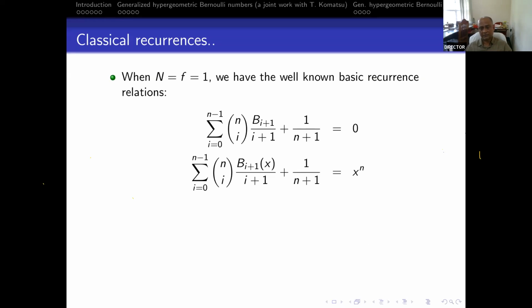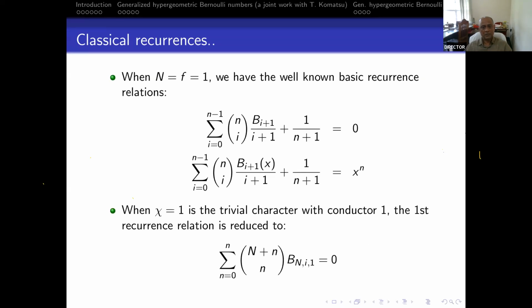So it has nice recurrence relations, and from the recurrence relations you can get the determinant expression and other properties, which I'm not going into. And if you take χ equal to the trivial character with conductor 1, then that first recurrence relation that you prove is simply the classical one, which you also expect, just like in the classical case.